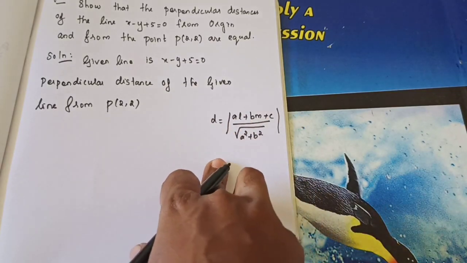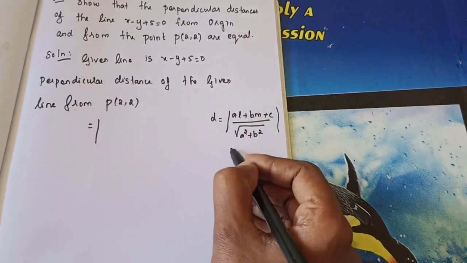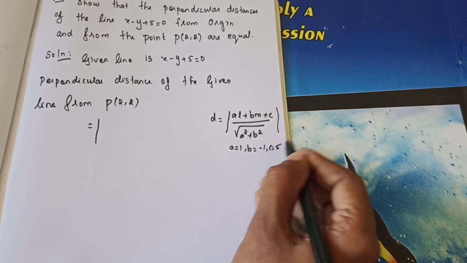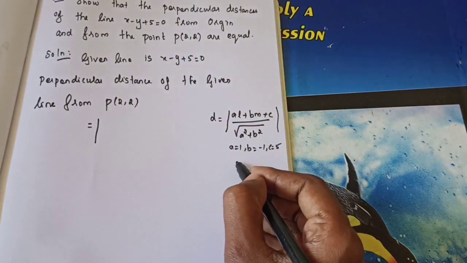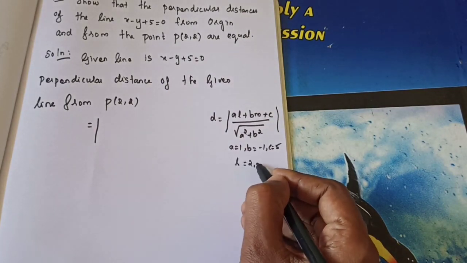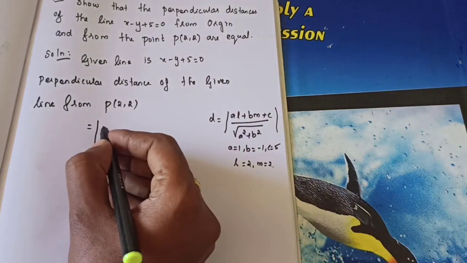Now you can substitute in this formula. A value is 1, B value is minus 1, C value is 5, from the line. Then the point: L value is 2, M value is 2. Substitute there.